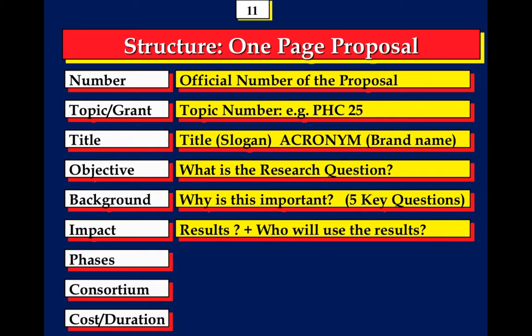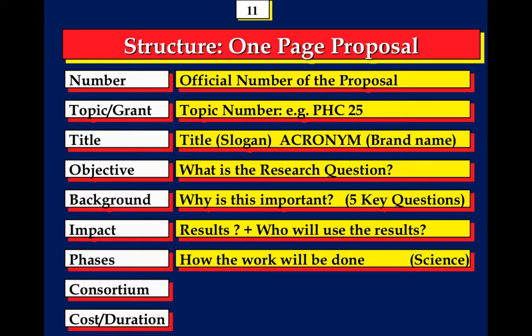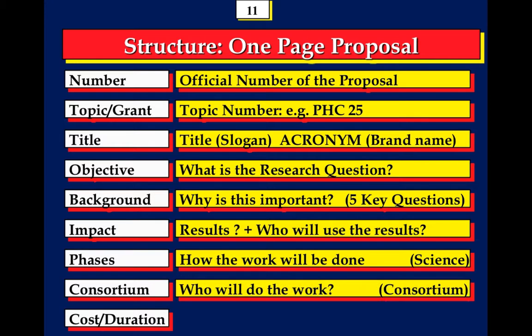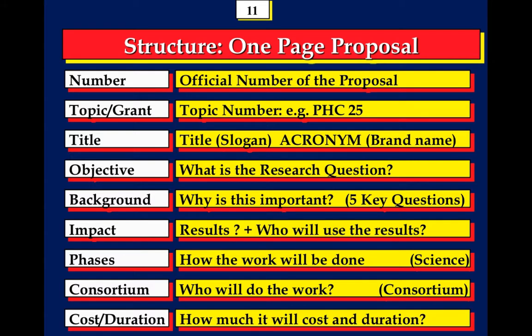Then I want to know what is coming out of the project and who will use these results. So I want to give you a diagram on how to do this. Say a few words about the actual project, the phases and the work packages. Then I want to know the consortium: why did you pick these partners and what their role is in the project? And I'll give you a diagram for this. And finally, just a few words about the cost and the duration.